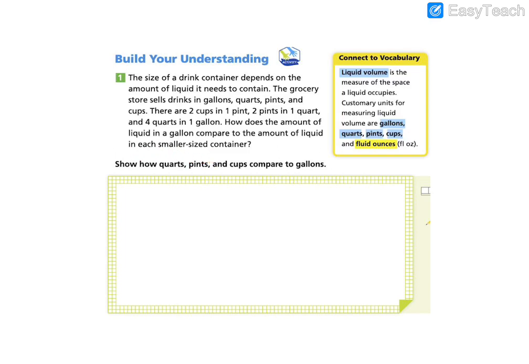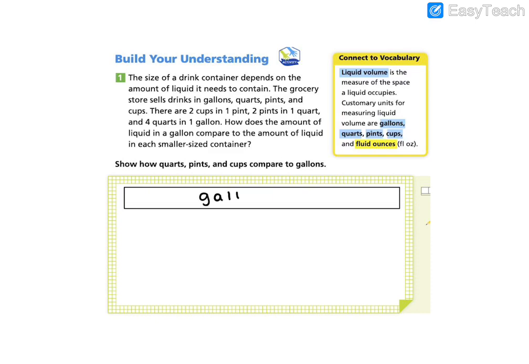We're actually going to start with our largest volume. Our largest volume is a gallon. So I'm going to draw a long bar to show my gallon, and I'll label it gallon.